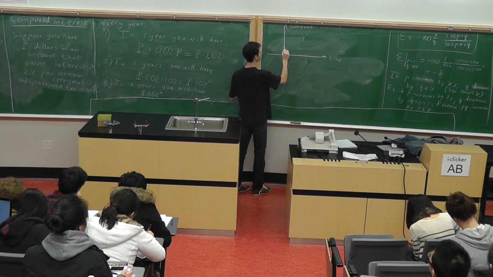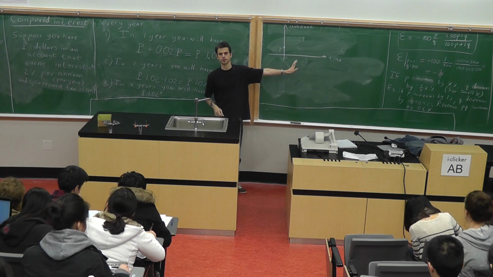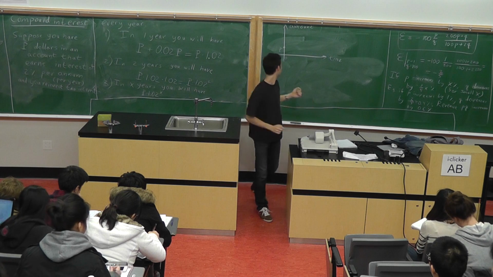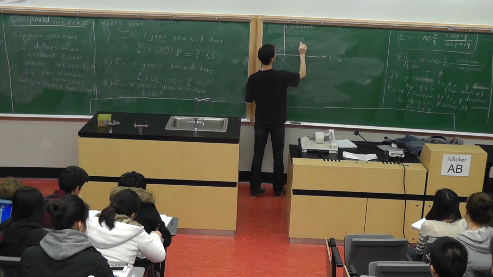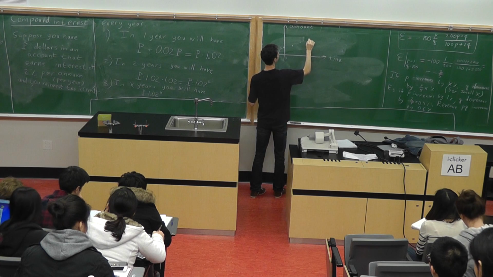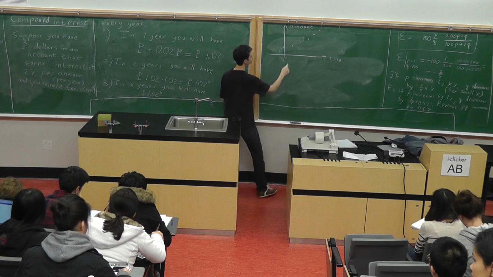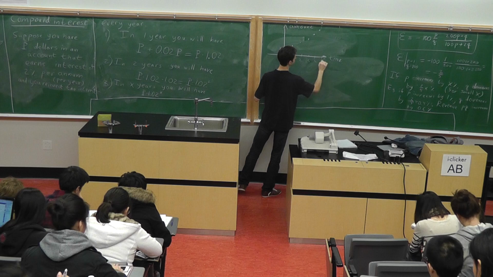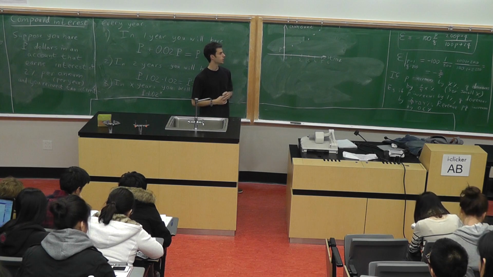We are only allowed to consider what happens at integer times. We are only allowed to take our money at the end of the year. So we have such a graph, starting at P. And you will get such points at time 1, 2, 3, 4, 5, 6, and so on.